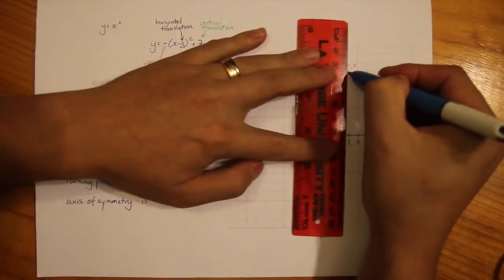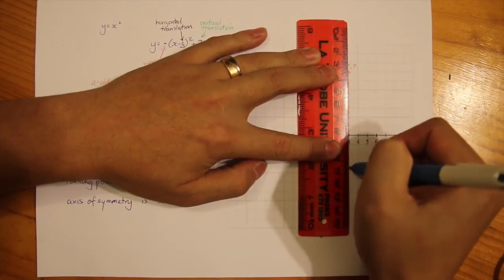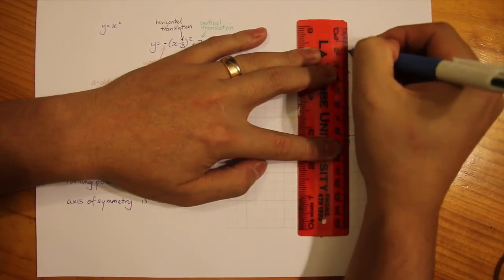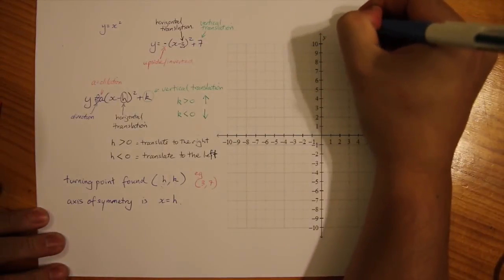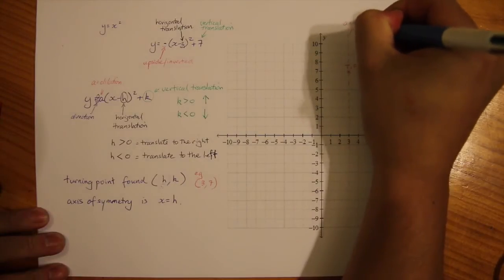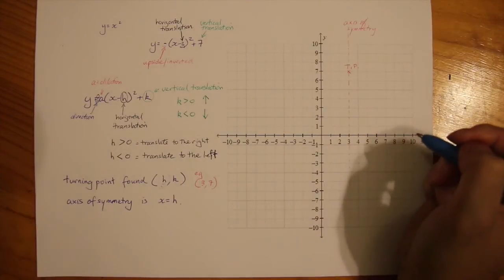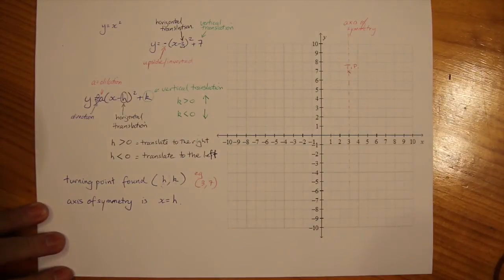You don't have to draw the dotted line, but it just makes sense that the axis of symmetry is the same point as the turning point.